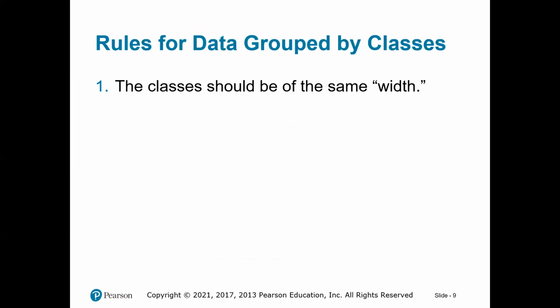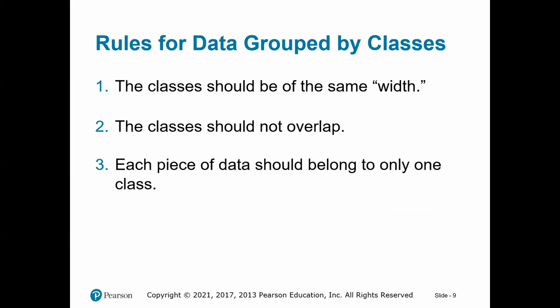Sometimes, if the collected data is too much, we may group the data into classes, and each class should be of the same size, sometimes called the width. Of course, we should not have any overlapping between the classes, otherwise we'll be counting things more than once.